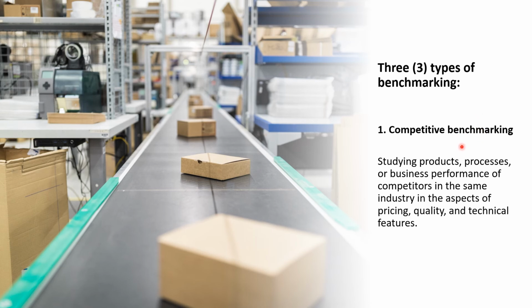The first one is competitive benchmarking: studying products, processes, or business performance of competitors in the same industry in the aspects of pricing, quality, and technical features. Meaning that you make a benchmark in terms of the process or the products with a company which is in the same industry as yours.